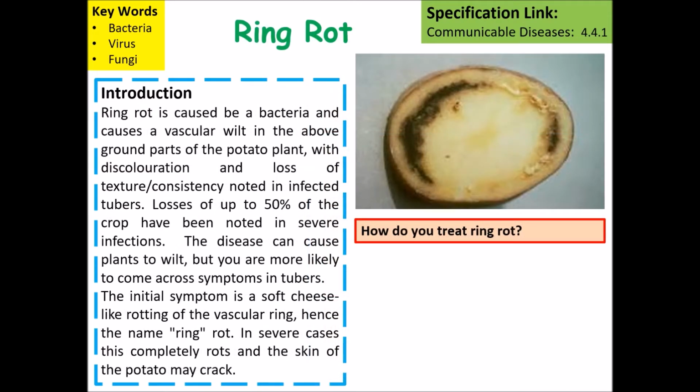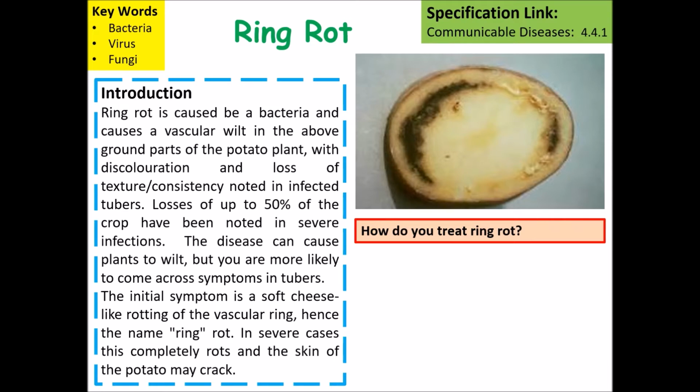So the first type of plant disease that we need to consider is ring rot. Ring rot is caused by bacteria that causes vascular wilt above the ground of potato plants primarily, and this causes loss of texture, consistency, and causes them to go all mushy.